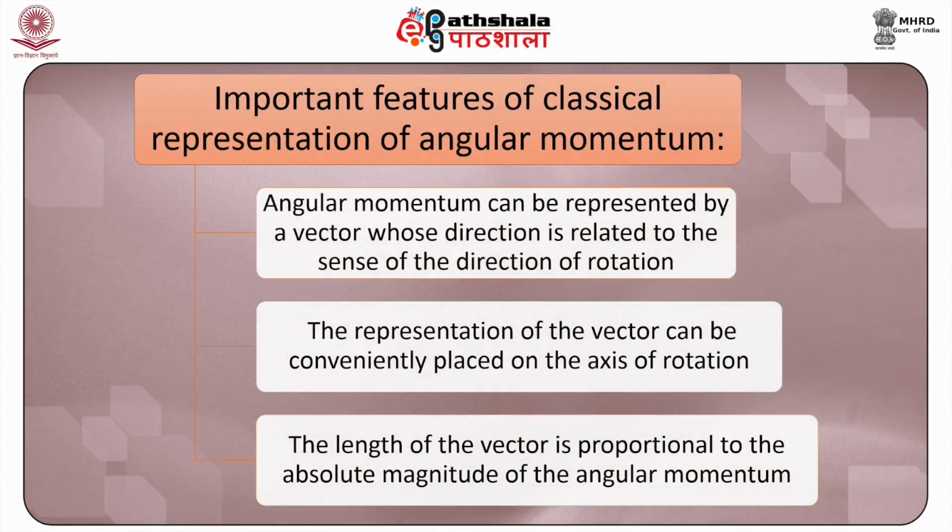The important features of the classical representation of angular momentum are, first, it can be represented by a vector whose direction is related to the sense of the rotation. Next, the vector can be conveniently placed on the axis of rotation, and the length of the vector is directly proportional to the absolute magnitude of the angular momentum.